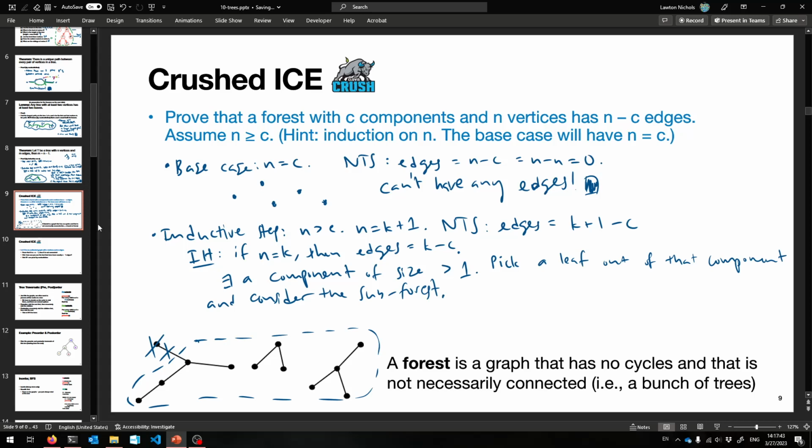The subforest must have 1 less node, so just k nodes now. So by the IH, it has k minus c edges.